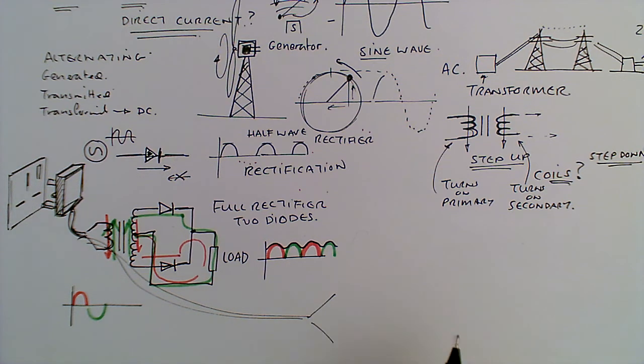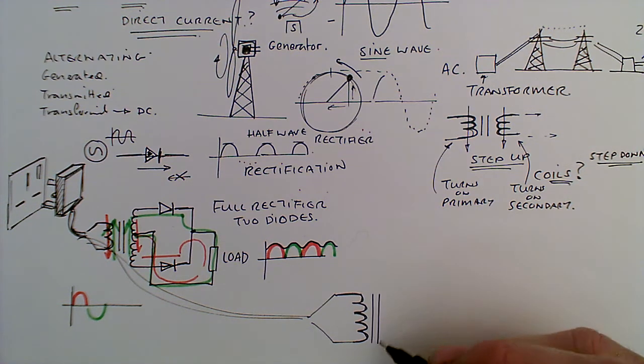Now another option would be a full wave rectification using 4 diodes, and again this has come up in an examination, so it is worth learning. So we have our transformer, like so.